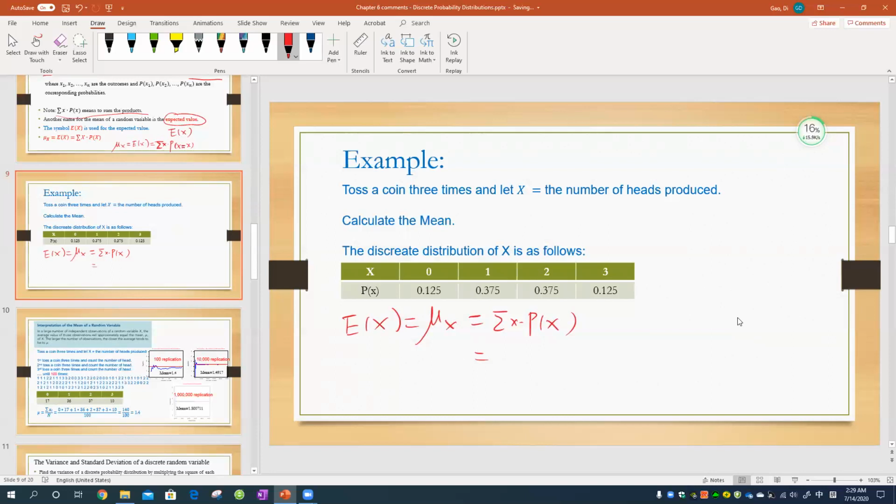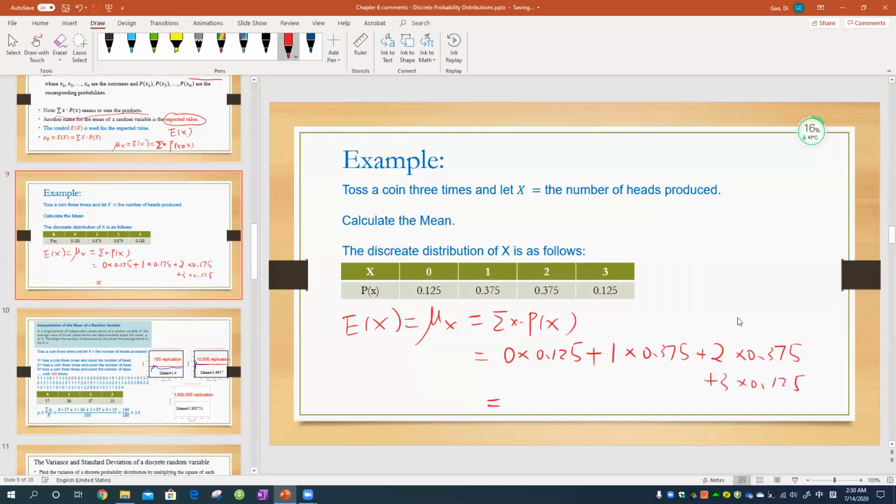So take the product of each pair and then take the sum. So the first value is 0 times the corresponding probability, which is 0.125, plus 1 times 0.375, plus 2 times 0.375, and plus 3 times 0.125.